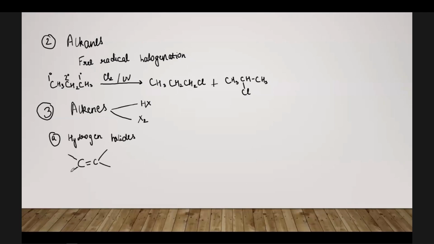These 4 groups can be anything, and this double bond is there, and when it is reacting with the hydrogen halide, that is HX, what happens, if we discuss the mechanism, is this HX bond will break and give H plus and X minus. Okay, ions. So the hydride ion and the halide ion.